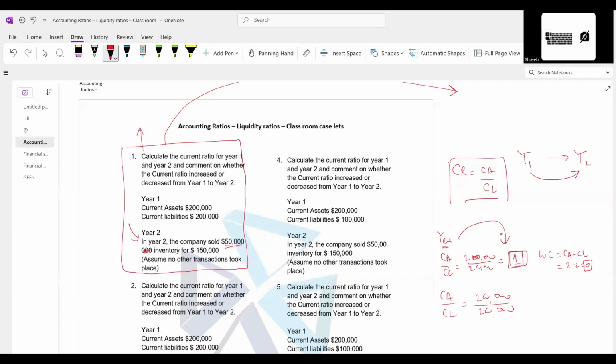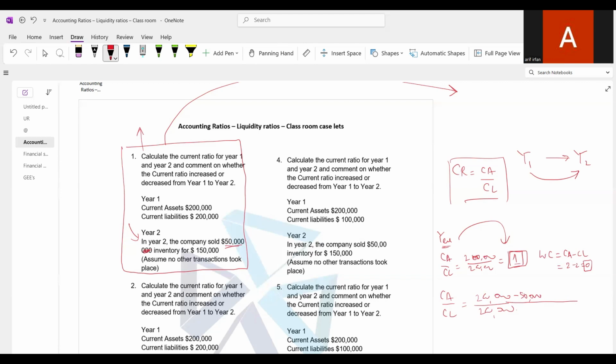Sales increase. Company current assets are decreased by 50,000. Inventory decreases and cash will increase.